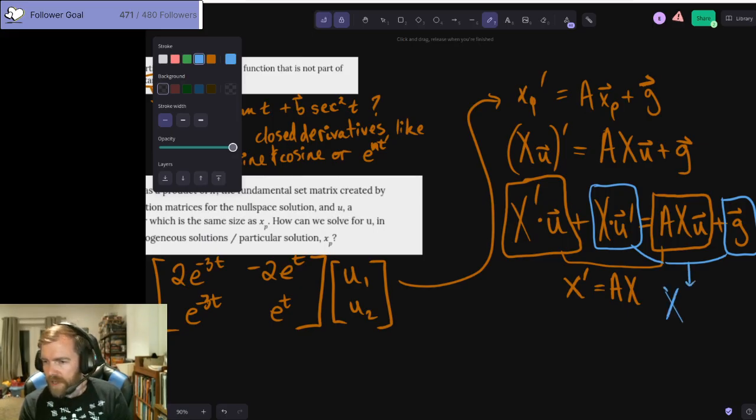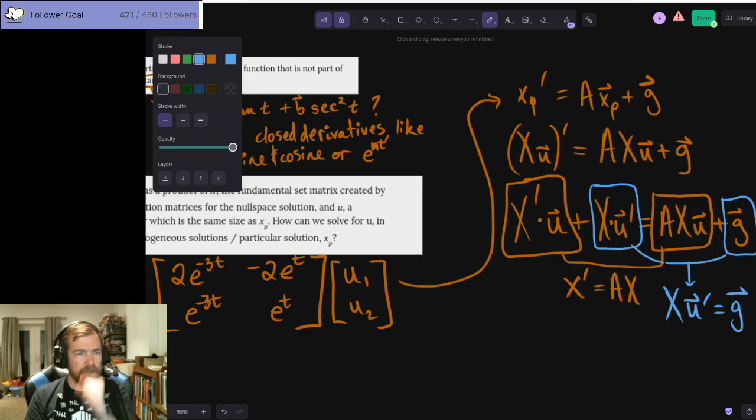So here we have x times u prime is going to be equal to our g vector. So x particular will be a solution, capital X times u, if and only if we also know that X times u prime is equal to g.